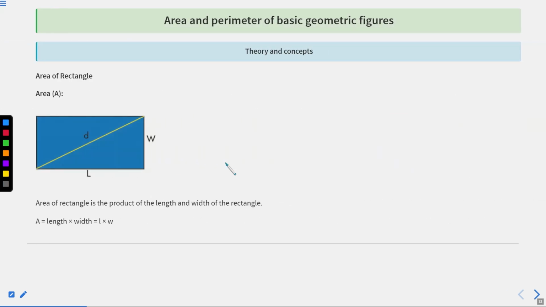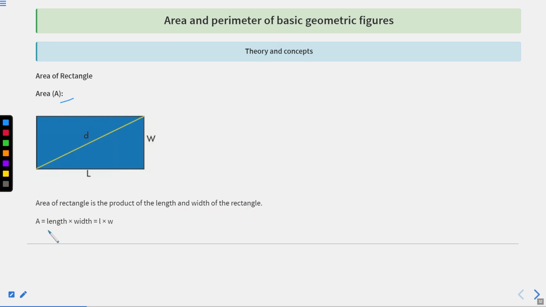Let us now talk about the area of a rectangle. We denote the area of a rectangle with A, and this is the side of length L, and this is the side of width W. And we represent this length with D. This is diagonal D. The area of a rectangle is the product of length and width.